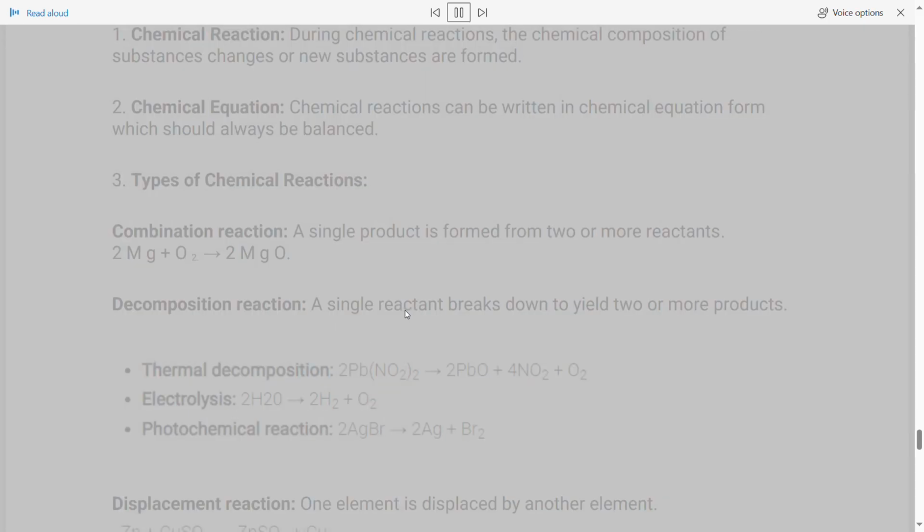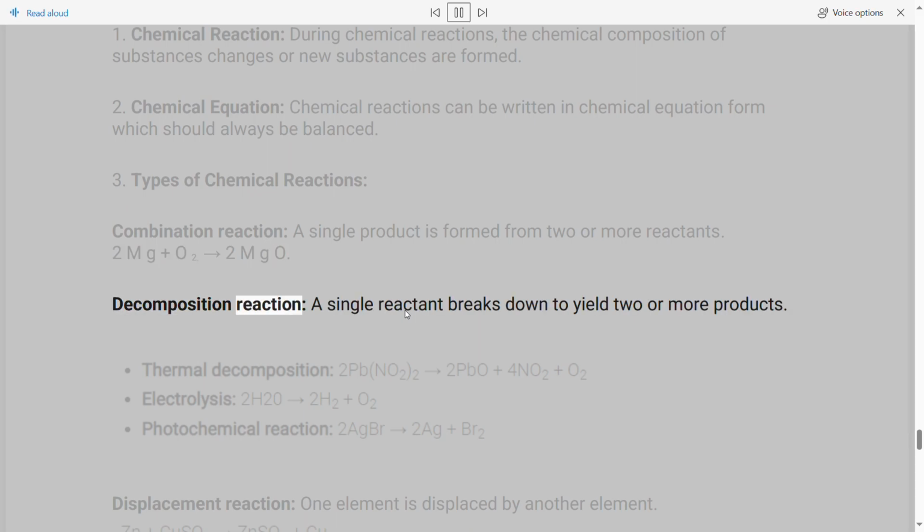1. Chemical reaction. During chemical reactions, the chemical composition of substances changes or new substances are formed. 2. Chemical equation. Chemical reactions can be written in chemical equation form which should always be balanced. 3. Types of chemical reactions. Combination reaction: a single product is formed from two or more reactants. 2Mg plus O2 gives 2MgO.